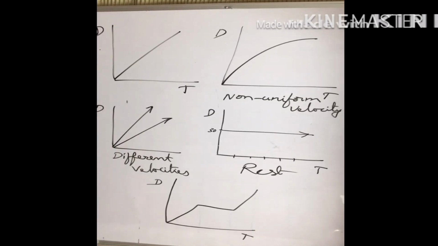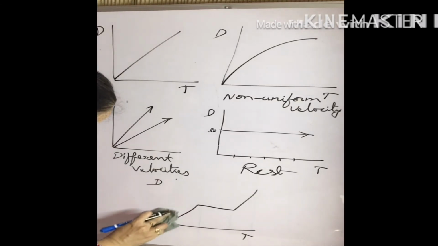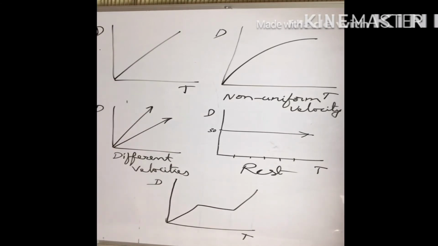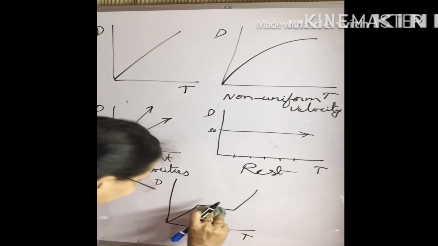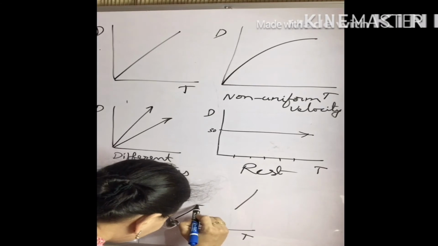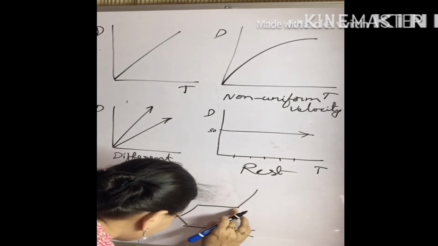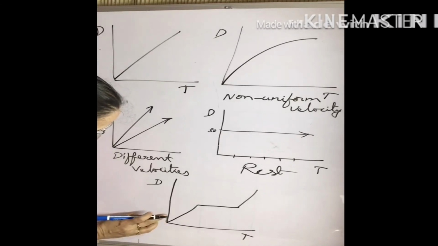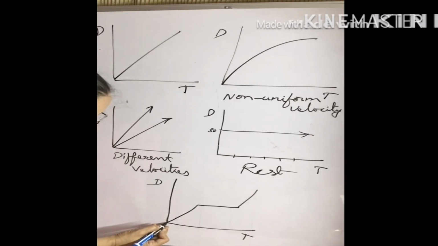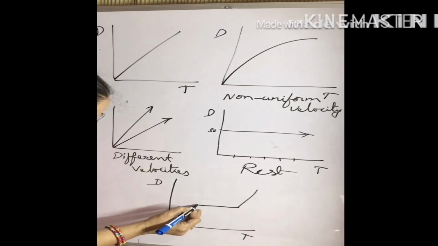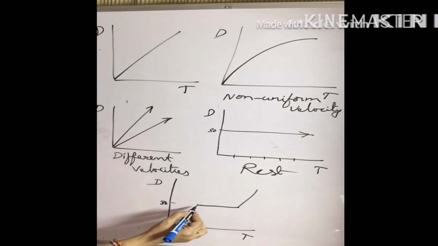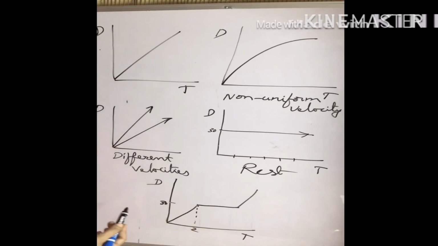Students, again you pause the video and try to judge yourself. Here the body is moving with uniform velocity, starting from here up to this, say 30 meters. The time taken is 2 seconds maybe. What happened afterwards?